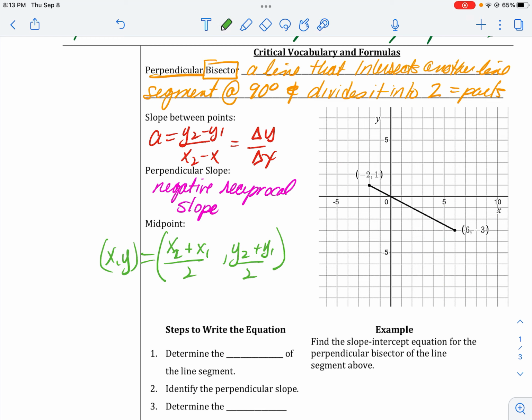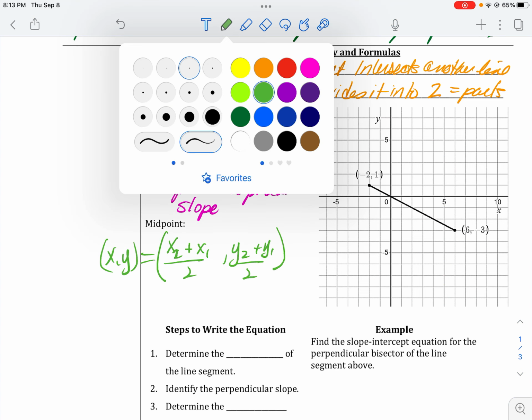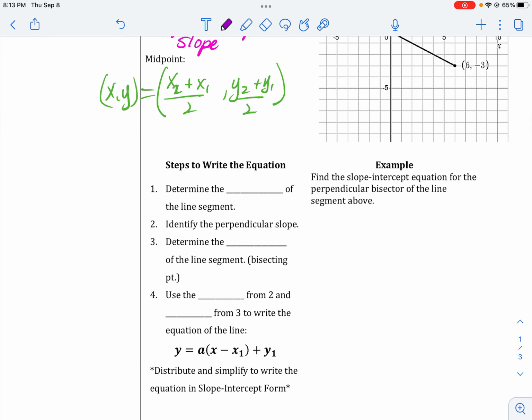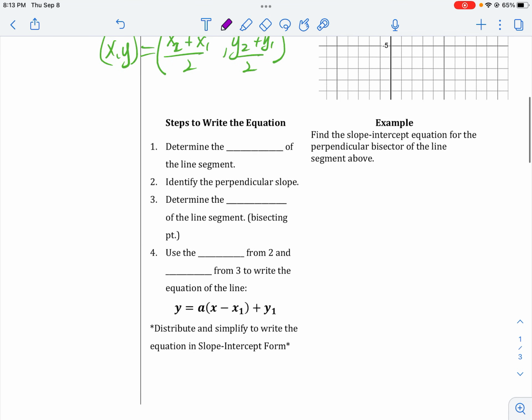So now that we have all those things, how to find slope, how to find perpendicular slope, how to find the midpoint, we can do all those things. Let's look at the steps to find the perpendicular bisector for the line segment in the example. First, determine the slope of the line segment.